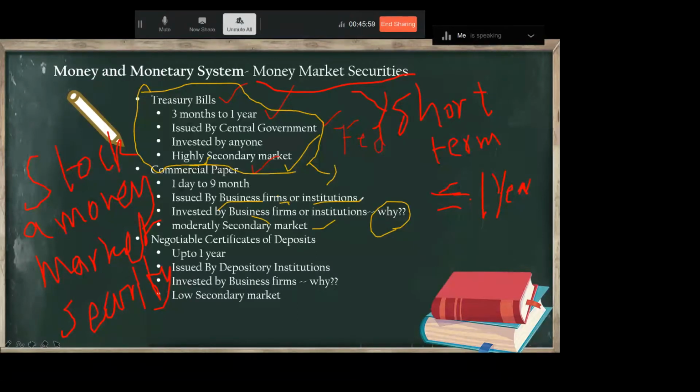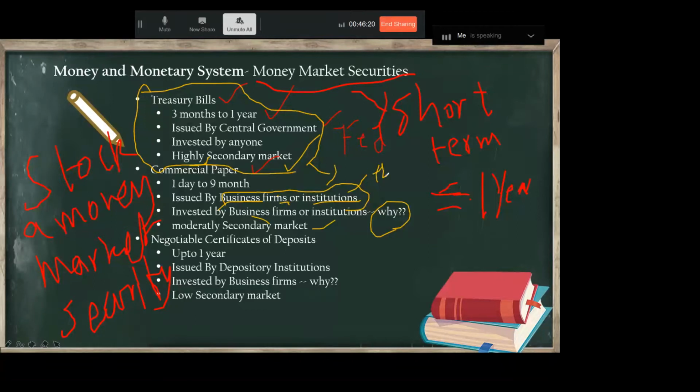It is just like a bond, but issued by highly rated institutions and companies. So this is not by the government, but these companies and institutions are really highly rated, meaning they have really high creditworthiness, and it is meant to be bought only by business firms.